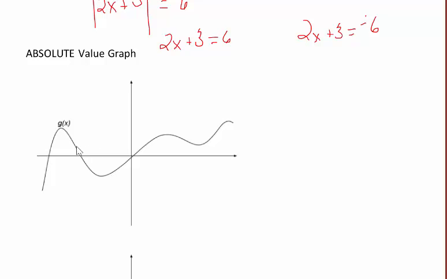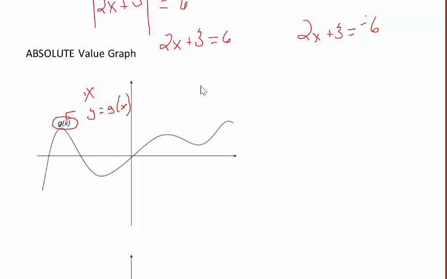Let's just remind ourselves that the x and y values, the x value is what's inside the parentheses, and the whole thing is the y value. So the x values run this way, and the y values run this way.